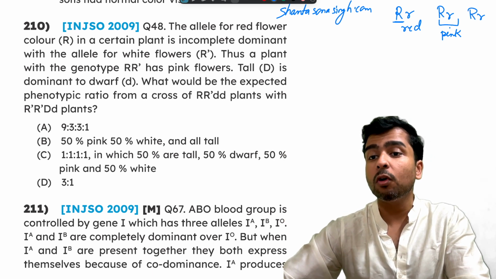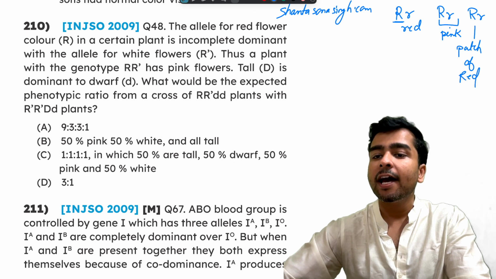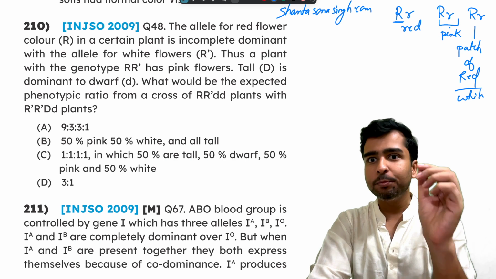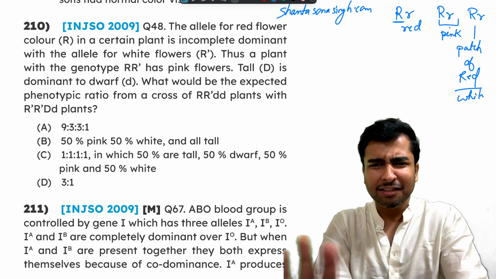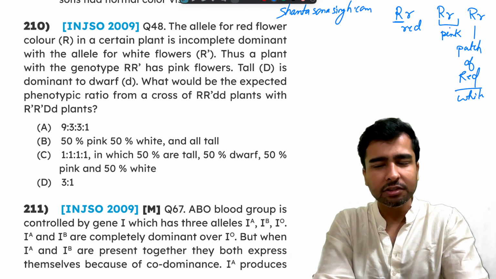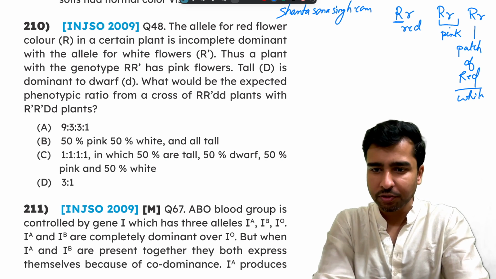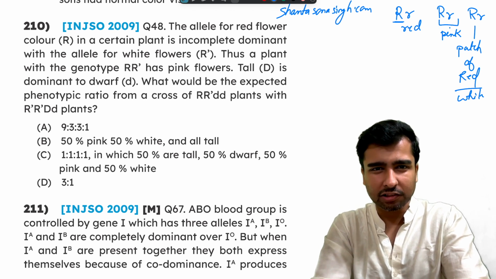If it was codominance, then you would have patches of red and patches of white. Some parts of the flower would be red in color and some parts of the flower would be white in color. Simple logic. So this is how dominance, codominance, or incomplete dominance works. With every question we'll try to quickly revise the concept as well.